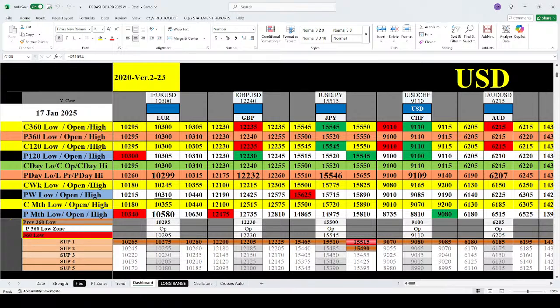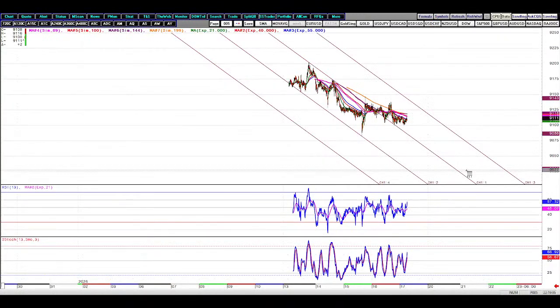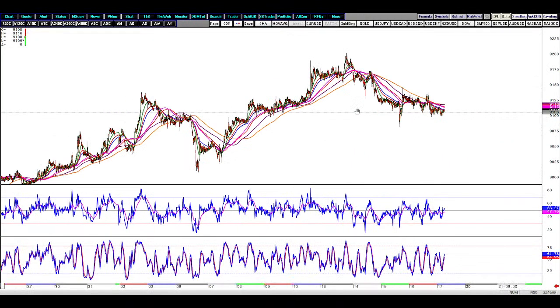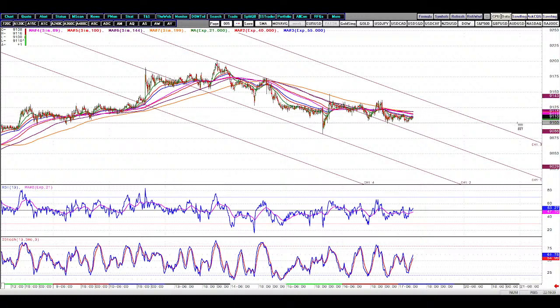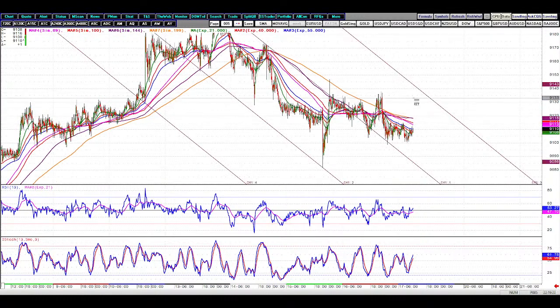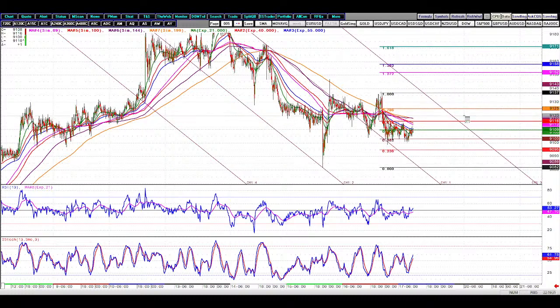Okay, let's see the chart. Dollar Swiss market is very choppy with no strength, but if I look into the chart on the 15-minute, the price is below the 15-minute moving average crossover. So we can go for a sell before that level.